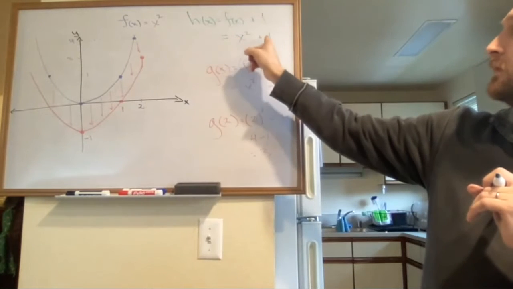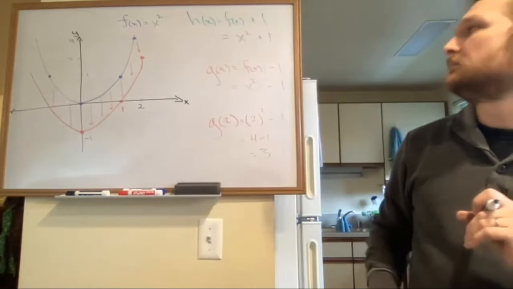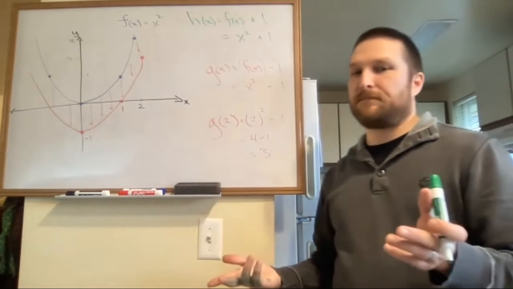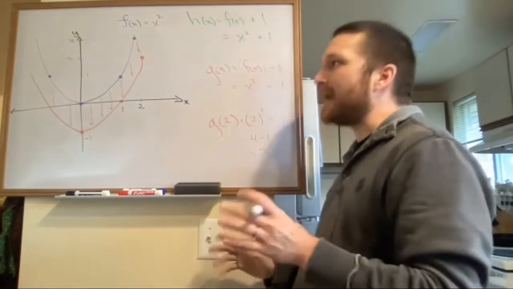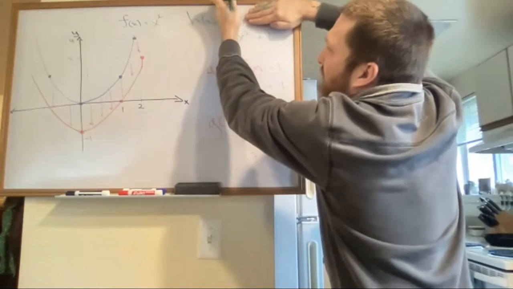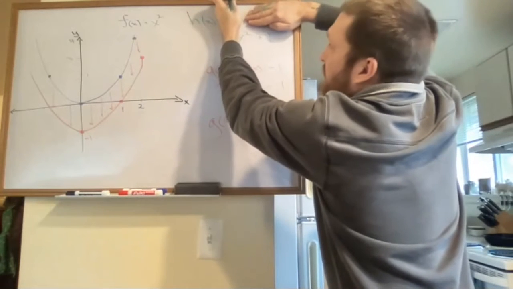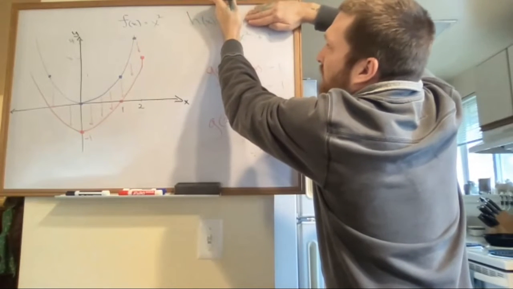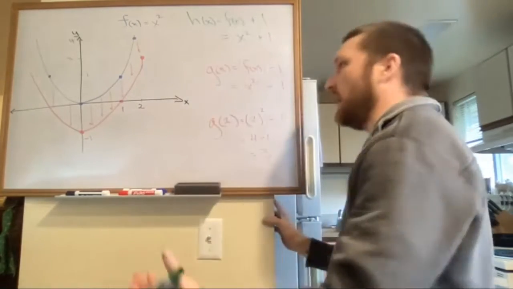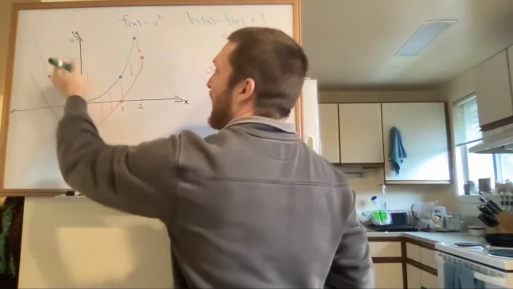Sorry, it ends up at +1. Exactly. Why? Because when we did f, the vertex ended up at 0, 0. Now all we're saying is, you do that, then you add 1. Here I was at 0, now add 1.